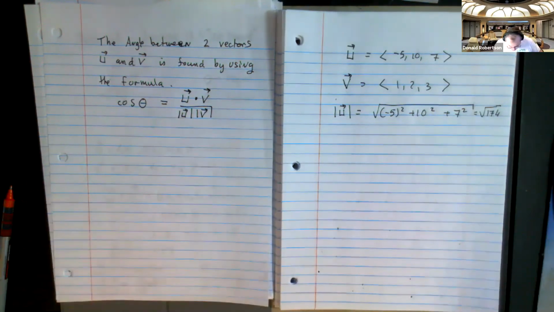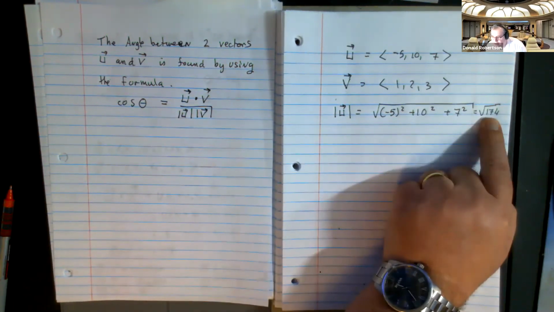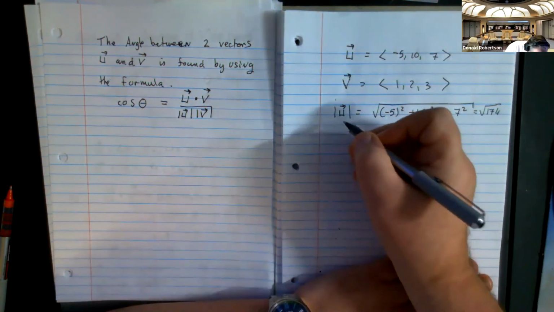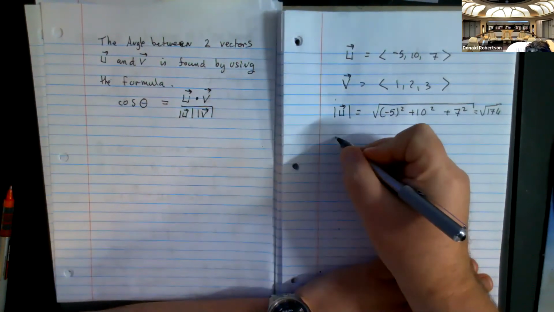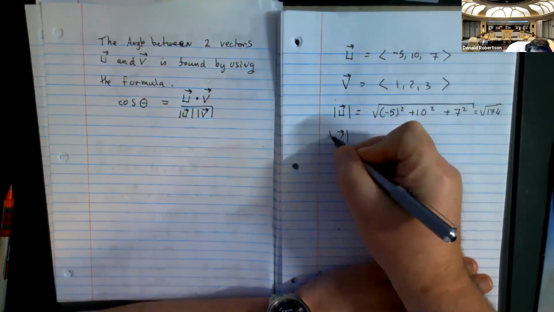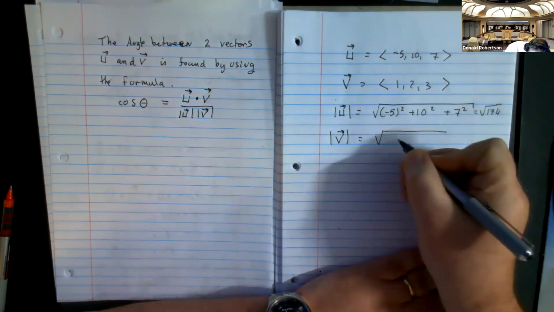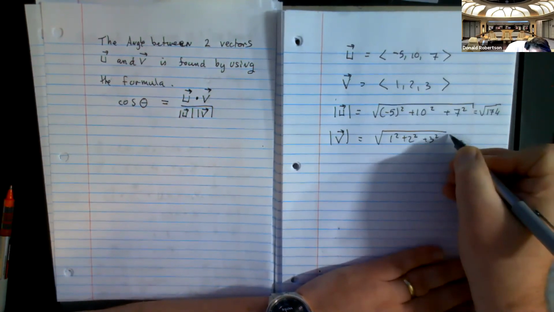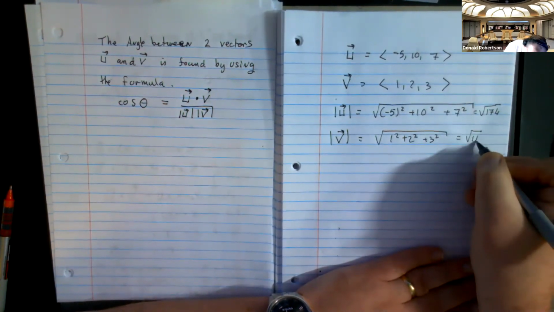You do not need to worry about making that pretty. It might simplify, it might not, doesn't matter. The formula doesn't really care. This one is going to be 1 squared plus 2 squared plus 3 squared, which I believe is the square root of 14.